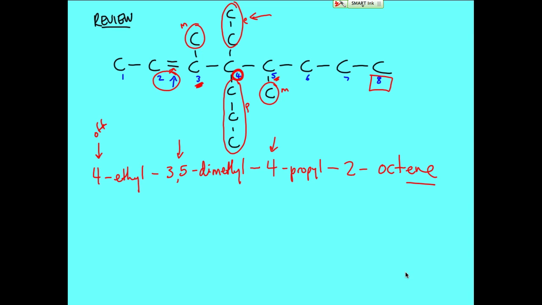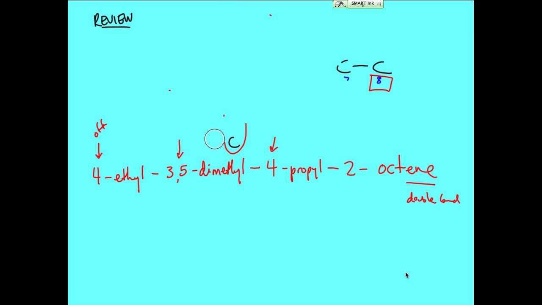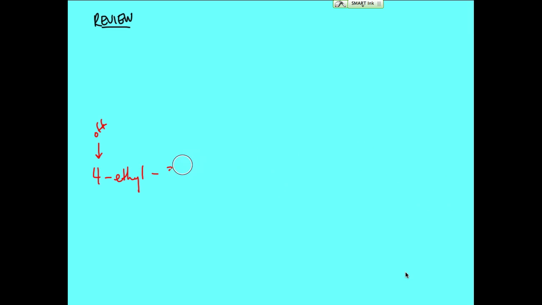And again, it ends in "ene" because it's a double bond. So that's how you would name this structure. One last review, and then I'll move to the next thing. I really don't have a lot to do today, and we should be able to get through this pretty quickly.